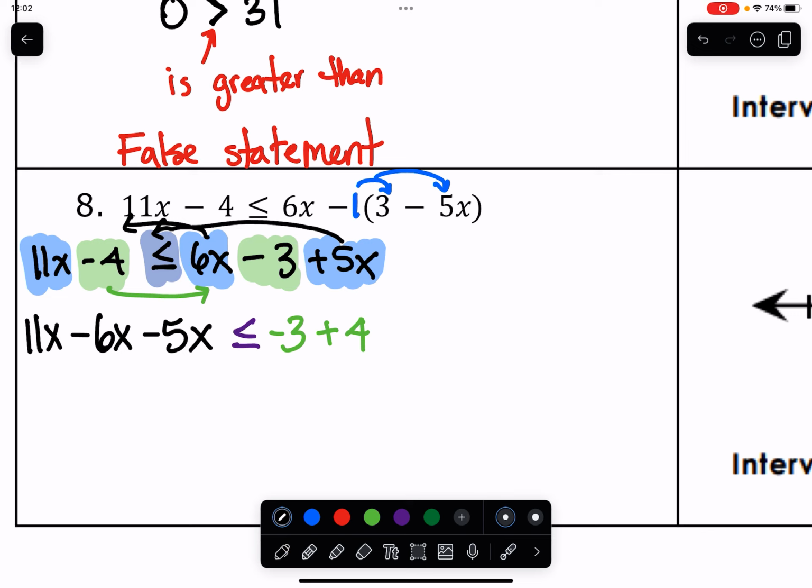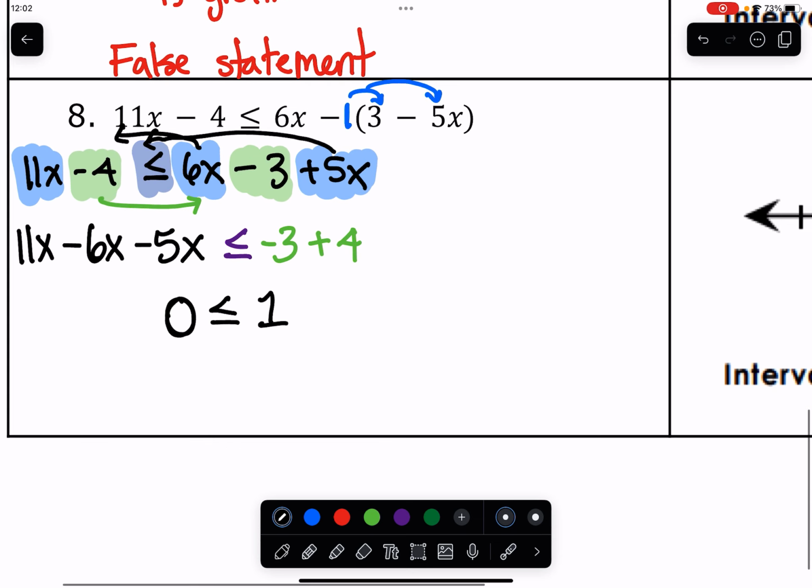So we have 11 minus 6 is 5, and 5 minus 5 is 0. So again, we end up with 0 on the left side. 0x, which is just 0. And negative 3 plus 4, that's 1.